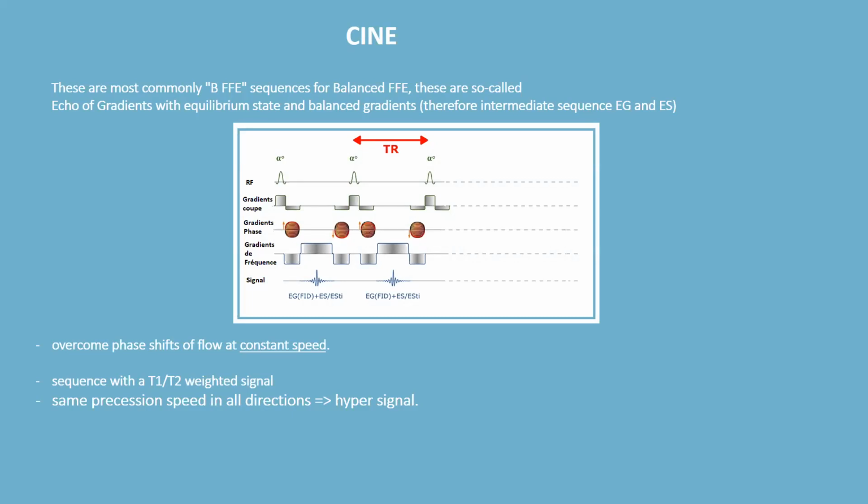The balanced character indicates that the positive and negative lobes of this gradient are in equal quantity. We obtain a sequence with a T1 per T2 weighted signal, a good signal, of course. When we distinguish between blood and myocardium contrast, we note with white blood that if all the protons or spins have the same precession speed in all the directions, we can get a good signal or an impaired signal.